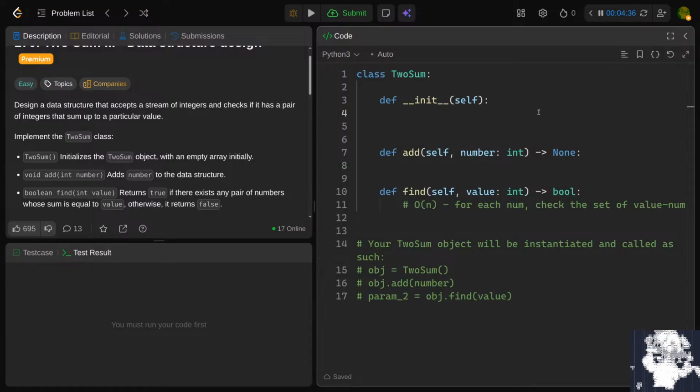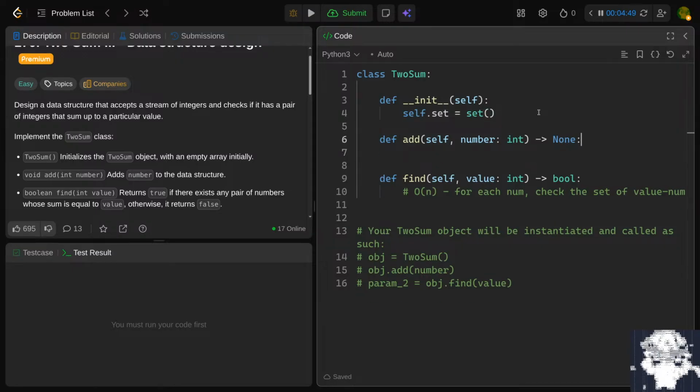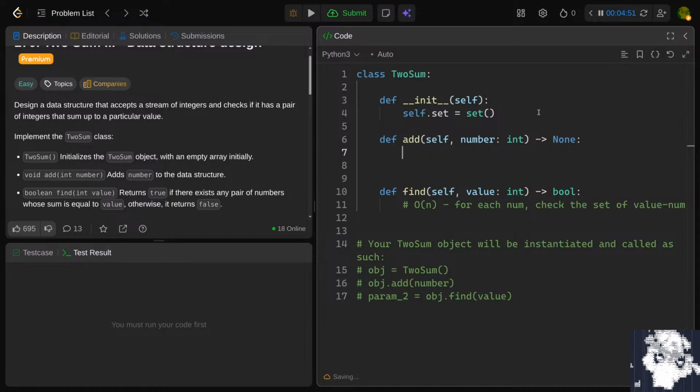So you've got self.set equals set. I don't want to call it set, I guess I'll call it set. For add, you just do self.set.add(number).